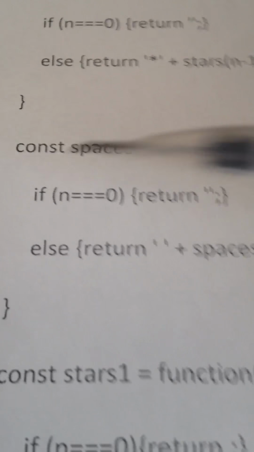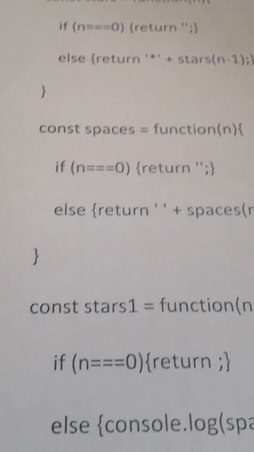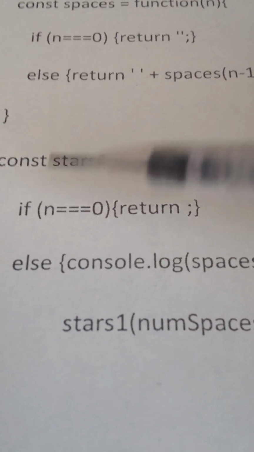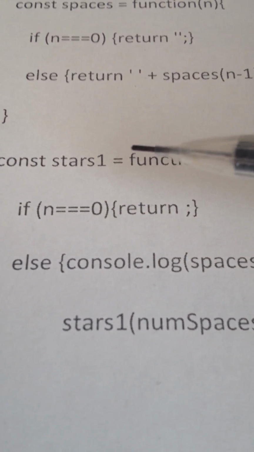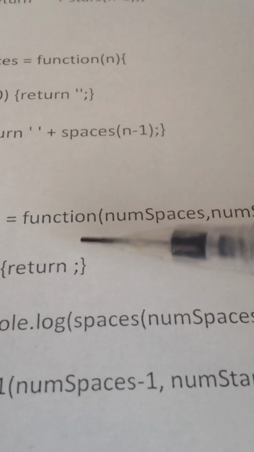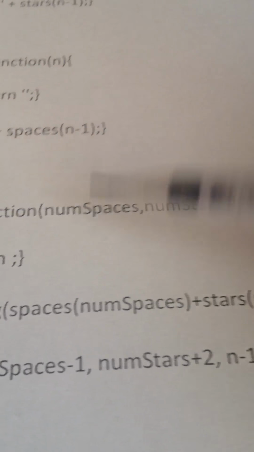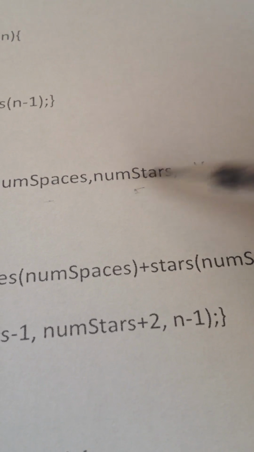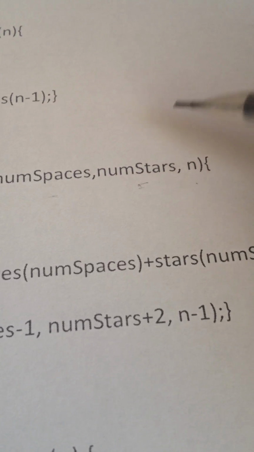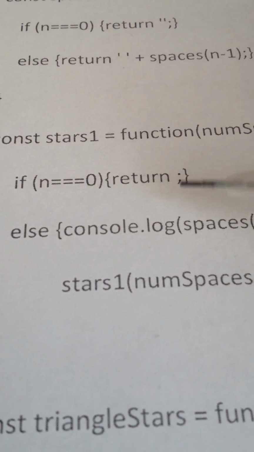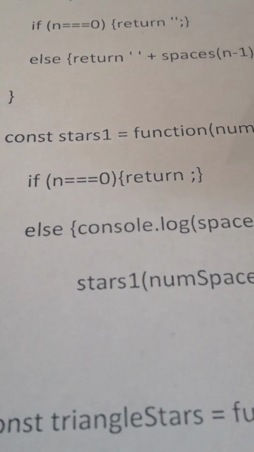So we will have to create another function that is going to combine these two and actually create the triangle, the pyramid. So here I'm creating a stars1 function, which is going to combine those two. And it is going to operate with the number of spaces, with the number of stars, and the n, which is going to be the height, basically. So if n equals 0, just return nothing, of course.